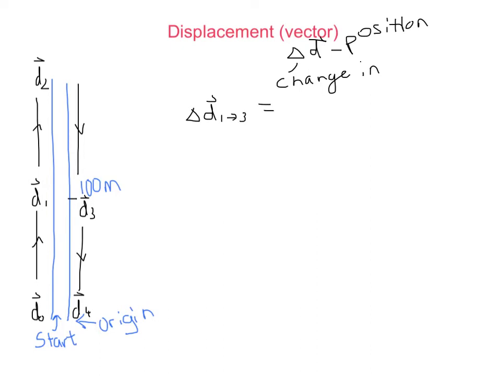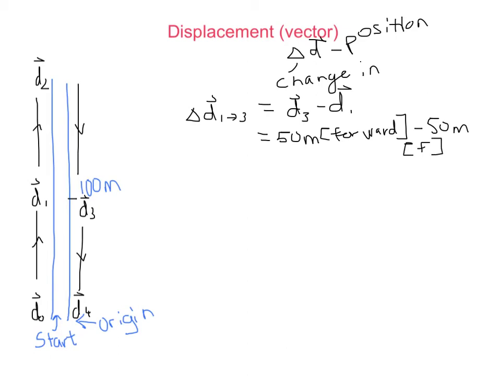So that really means I'm finding D3 minus D1. So we're looking for this subtraction here, which we know from the previous slide that D3 is 50 meters forward, and so is D1.